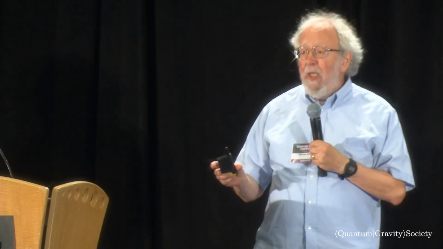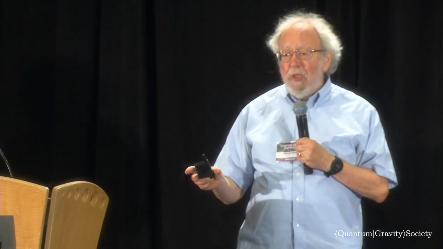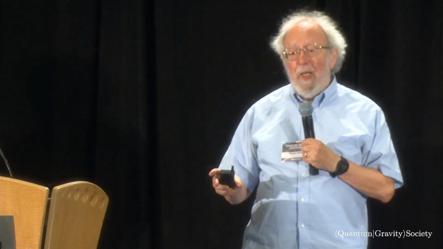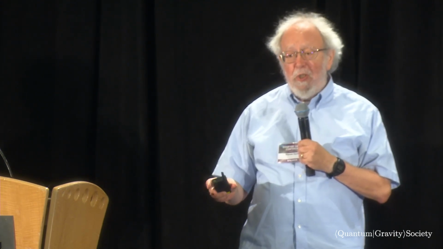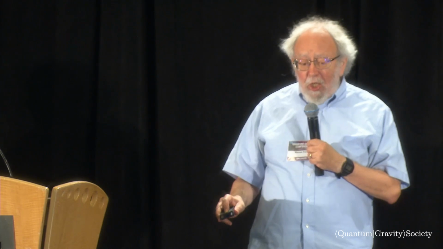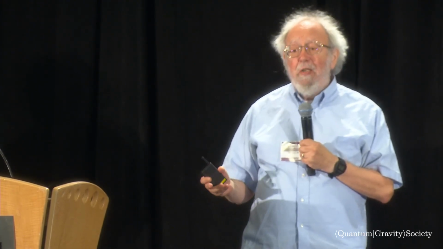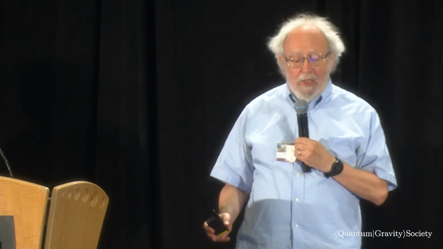If 2 points P and Q are in each other's present, then it's not true that P is to the past of Q or that Q is to the past of P. So this gives a mathematically well-defined and much-studied structure. It's called a partially ordered set.